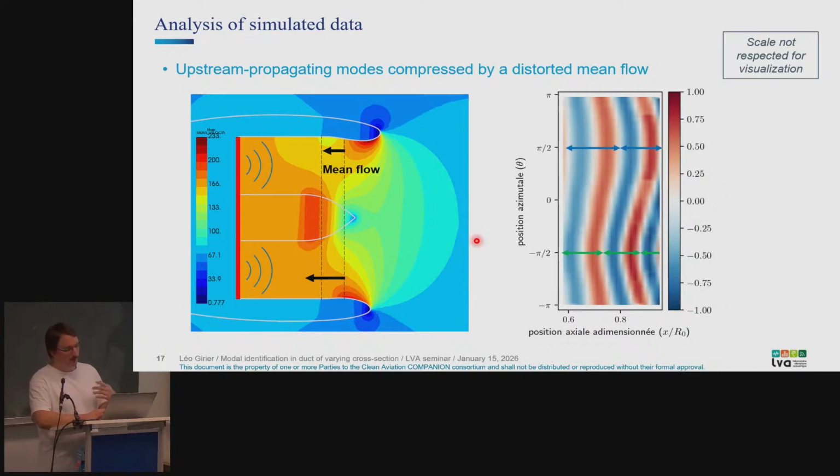And in fact, when a mode does that, its wavelength is compressed by the mean flow. So you can see here at the top of the duct in blue, we spot almost 2 wavelengths. And at the bottom, we see 2.5, more or less. And this is explained by the fact that the mean flow is not axisymmetric.